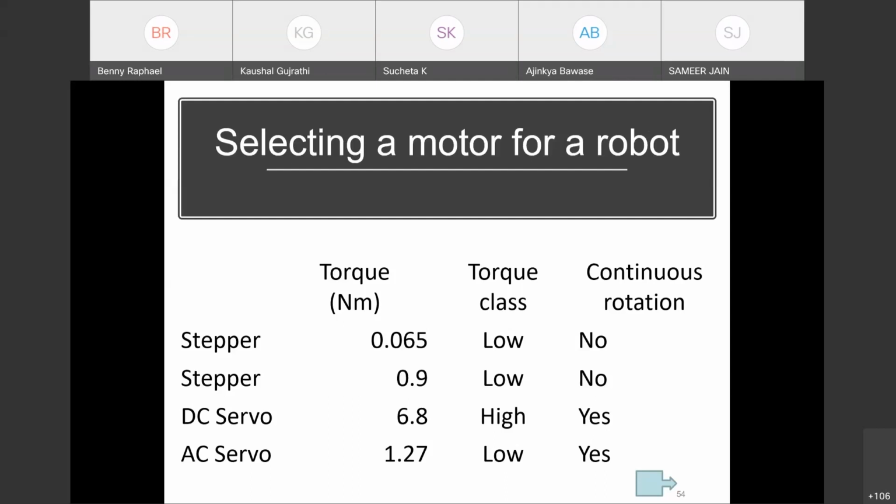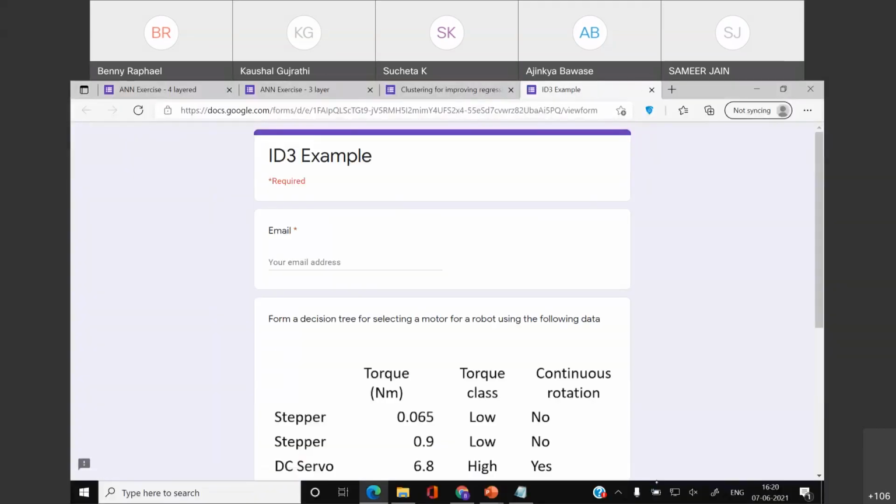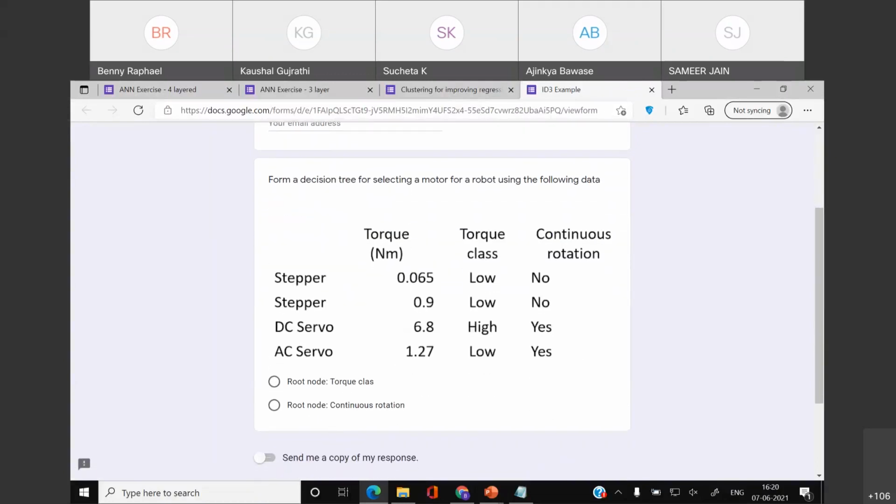And then we want to form a decision tree using this data. This is the exercise you have to do. Form a decision tree. Since there are only two variables, it has only two levels. For the root node, you find out which variable it should be, whether it should be torque class or continuous rotation. So spend a couple of minutes to complete this.